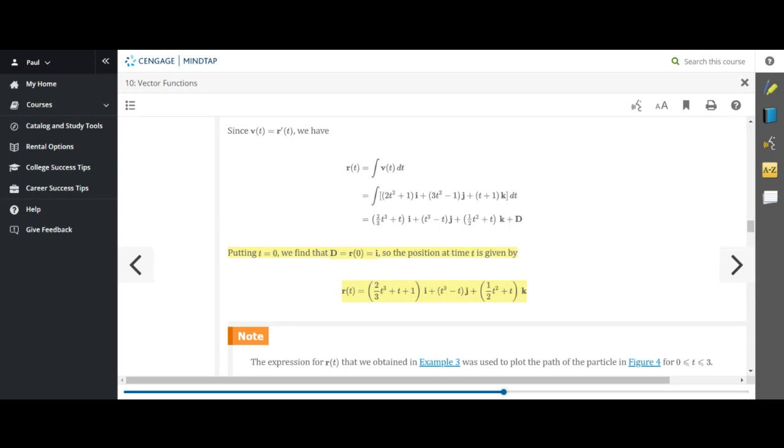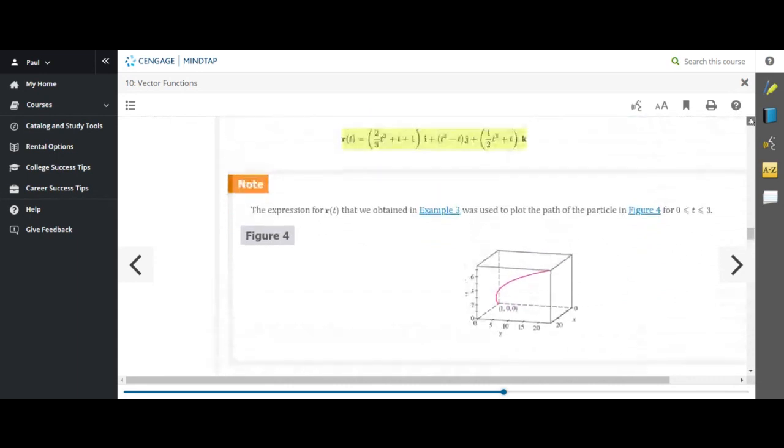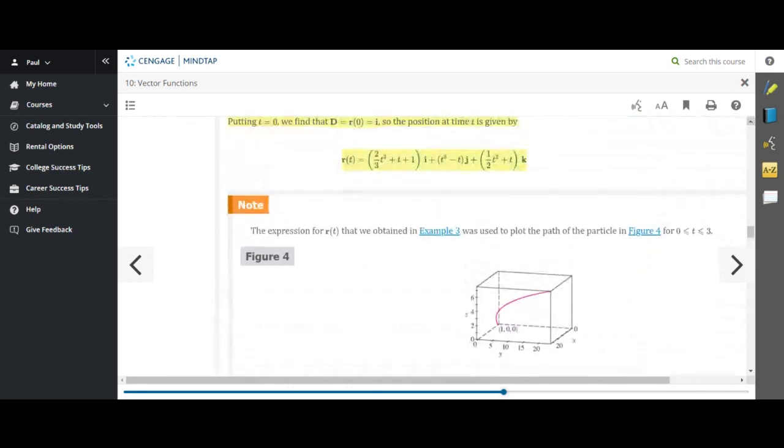The book has nice examples. Figure 4. I guess here they plotted the particle as well. In MATLAB, you're able to plot space curves, right?